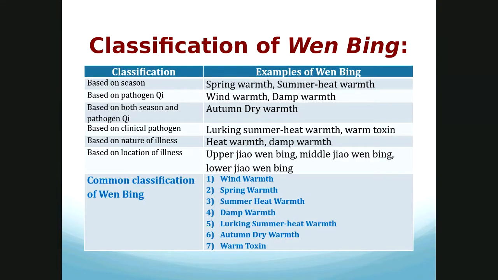They have 7 categories involved: wind warmth, spring warmth, summer warmth, and damp warmth, lurking summer heat warmth, autumn dryness warmth, and warm toxin involved. So based on season, some based on pathogenic Qi, some based on combined season and pathogens, some based on clinical manifestations, some based on specific locations, or with damp or without damp.